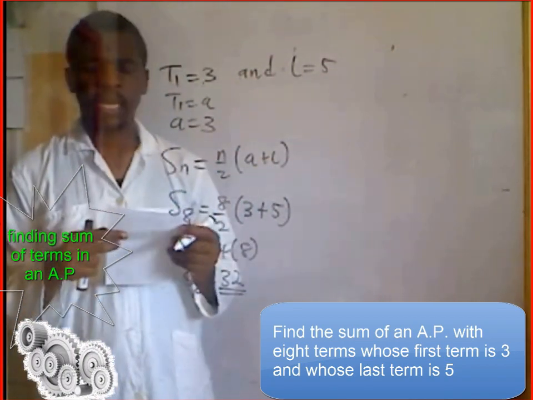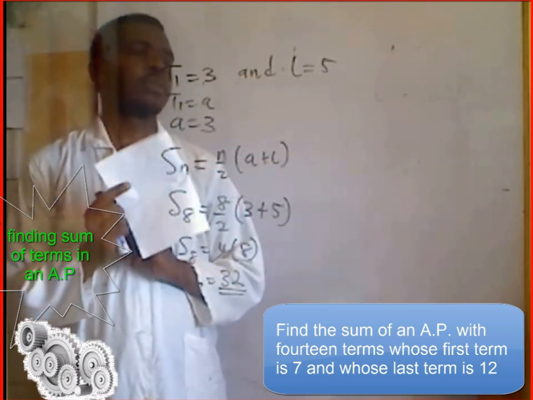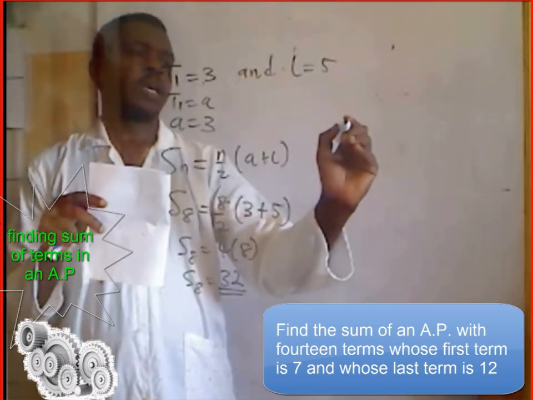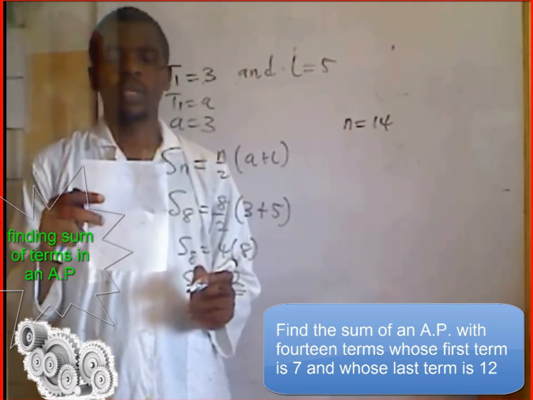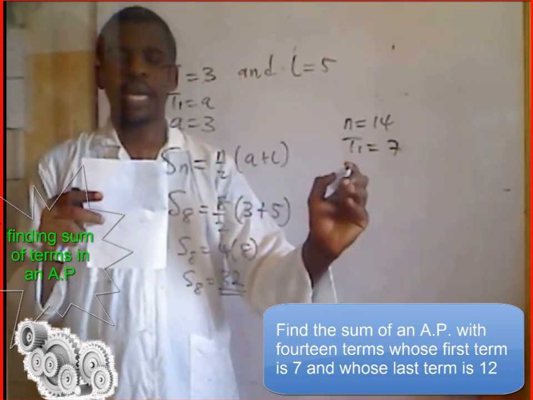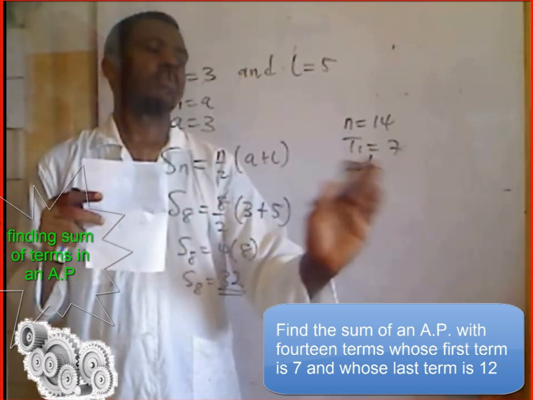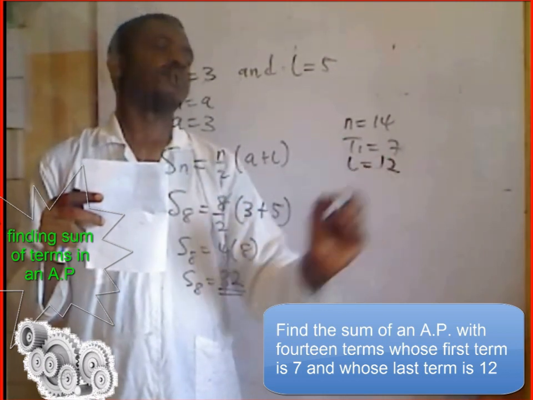Another problem. Find the sum of an AP with 14 terms. So n is equal to 14, whose first term T1 is equal to 7, and last term L is equal to 12.